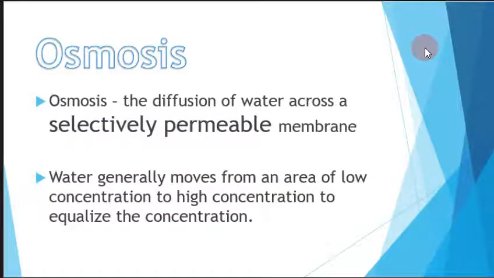Now osmosis is a little different. Osmosis is the diffusion of water across a selectively permeable membrane. This should all sound familiar from Biology 1. All right, so a selectively permeable membrane means it lets some things in and other things it keeps out. So water is small enough, it generally moves from an area of low concentration to high concentration under the dictates of diffusion.